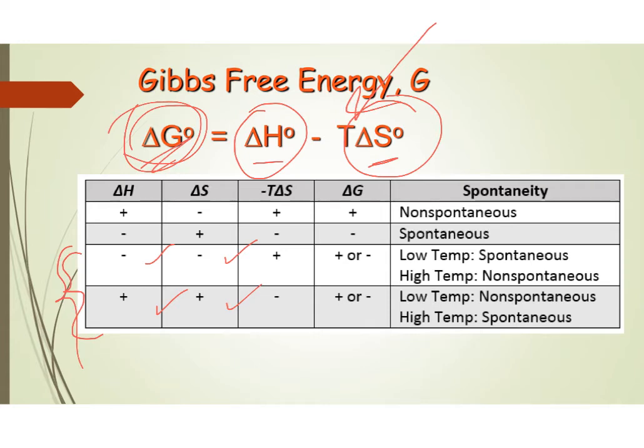So let's look at the case where they're both negative. Remember that we want delta G to be negative in order to have a spontaneous process, which means we want to emphasize, or we want the enthalpy term in this case to predominate because it has a negative value. We want to minimize the entropy term because delta S is negative, which is unfavorable, and of course two negatives make a positive.